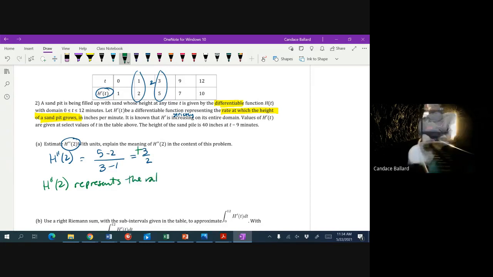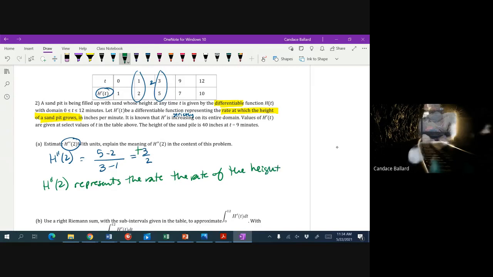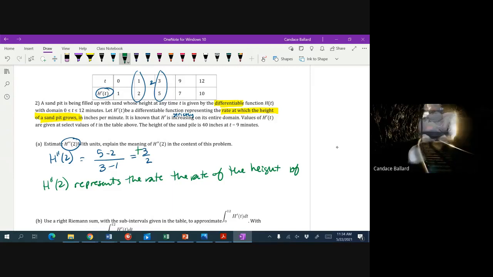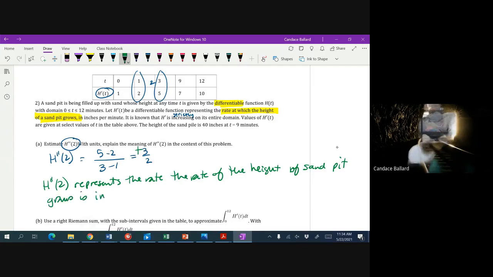The rate of the height of the sand pit. Did you mean to write the rate twice? Yeah. Okay. The rate of the height of the sand pit grows is increasing because we've got a derivative of a derivative.